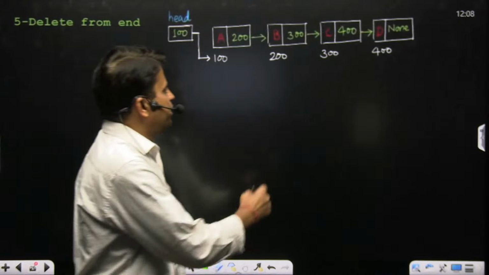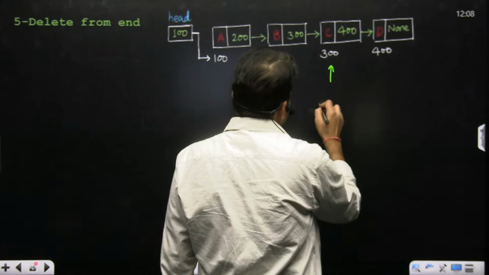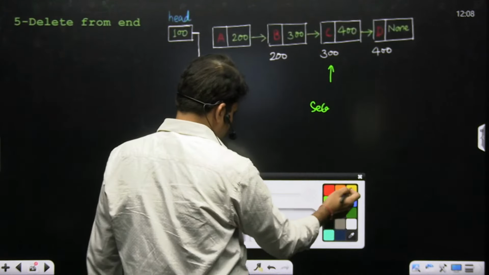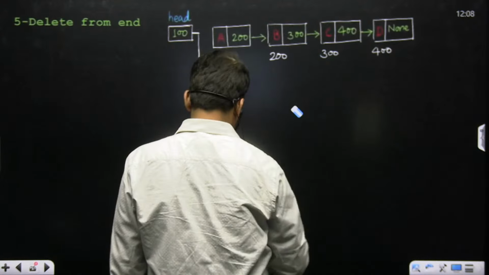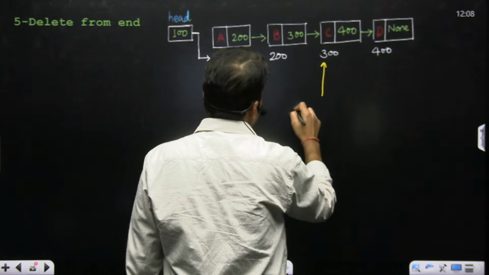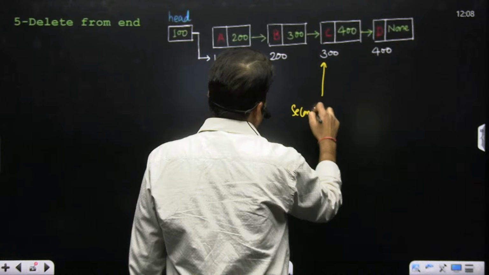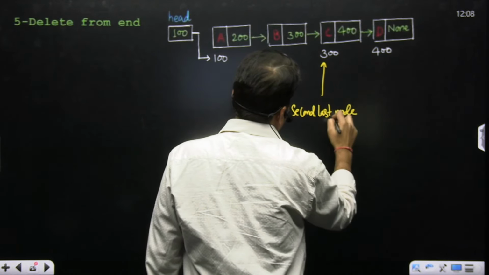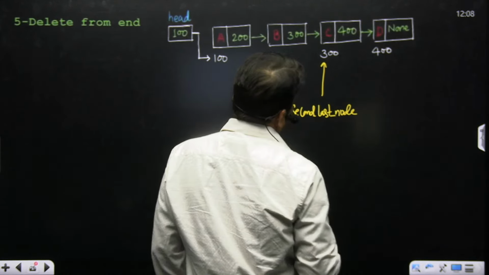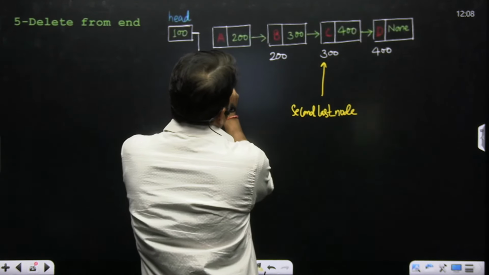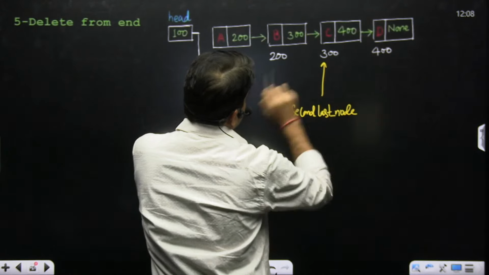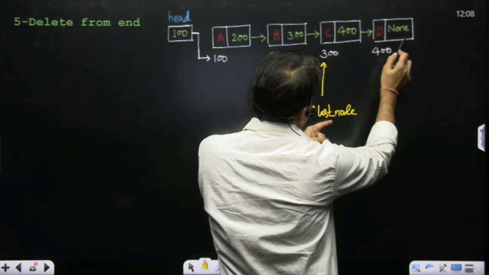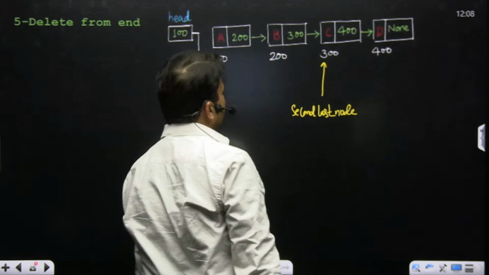Delete from end के लिए you have to set one pointer at the second last node. You have to traverse from beginning head up to the previous node of this last node, right? And change the second last node's next part equal to none, and this node is automatically deleted.